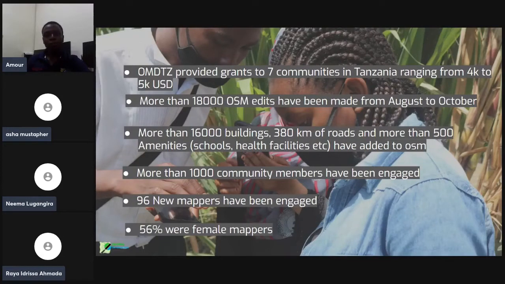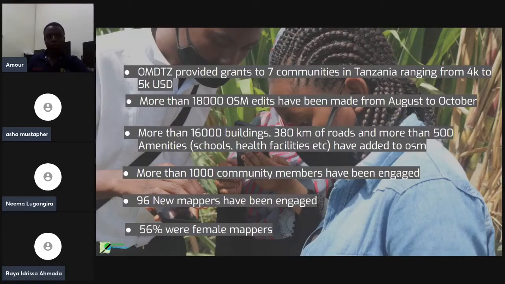And for those 2 months, this is what we have seen from their work. More than 18,000 OSM edits have been added to OSM, and more than 16,000 buildings, 308 kilometers have been visited, and more than 1,000 community members have been engaged in different areas.